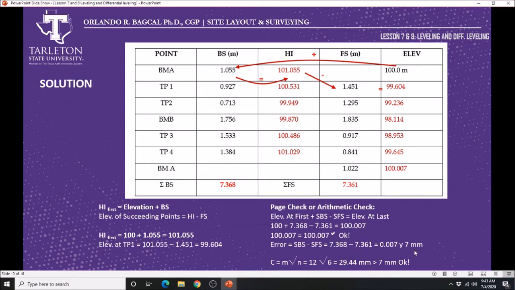And we only have an error of 7 mm, which means that the values that we have observed here are acceptable based on the Federal Geodetic Control Committee. Okay, and that is a third order accuracy.